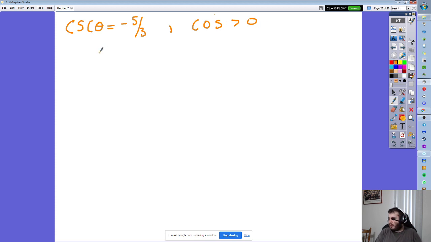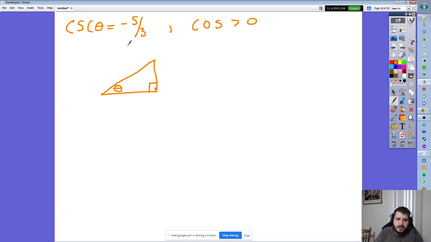So when we go through and find our missing side, we have to take into account what we're being told right here. So let's build our triangle, just like we're used to. Again, this is nothing different than what we were doing on Monday or last Wednesday, right? Cosecant is hypotenuse over opposite.